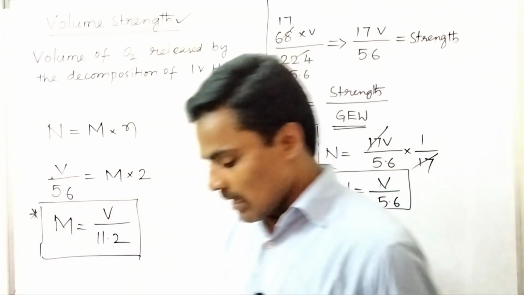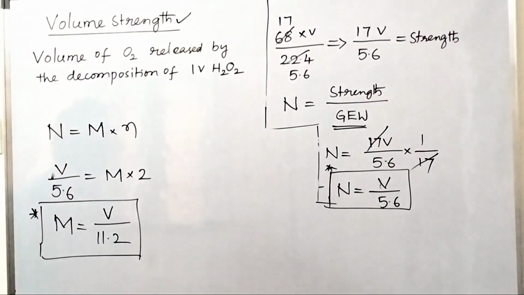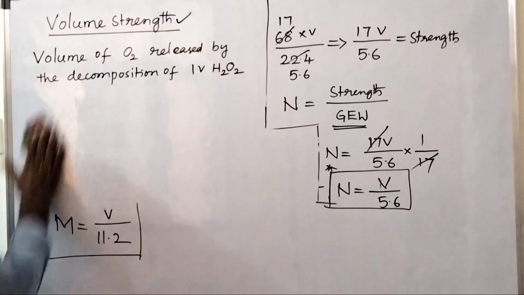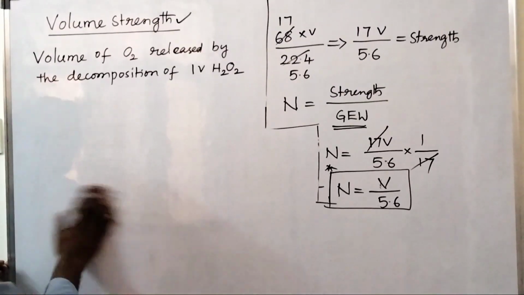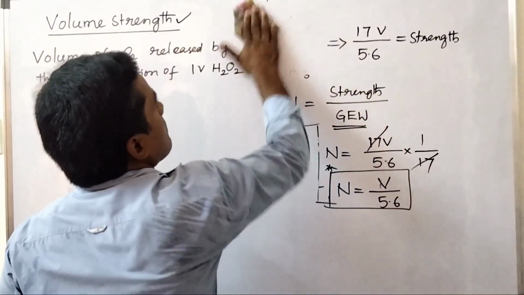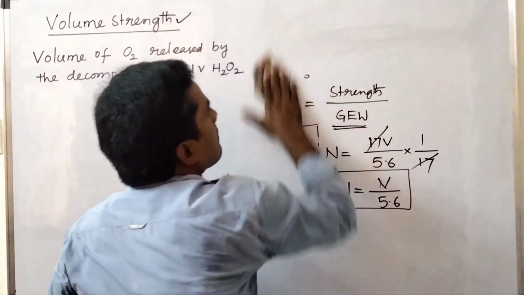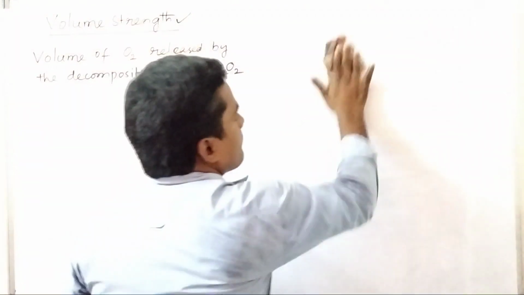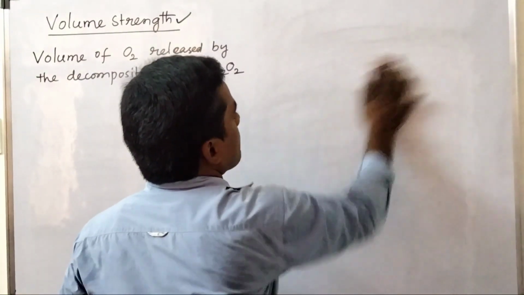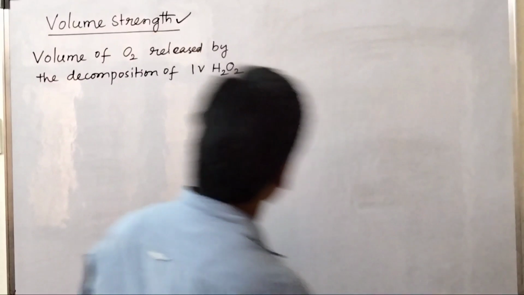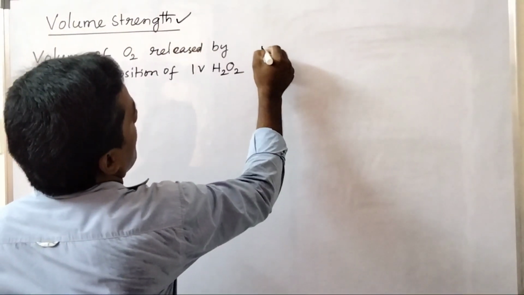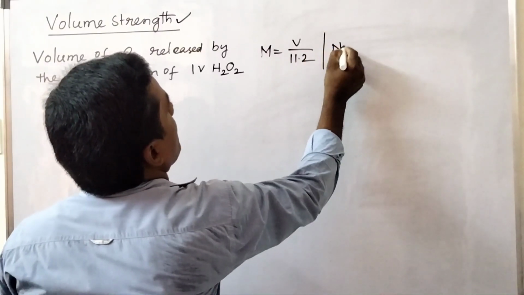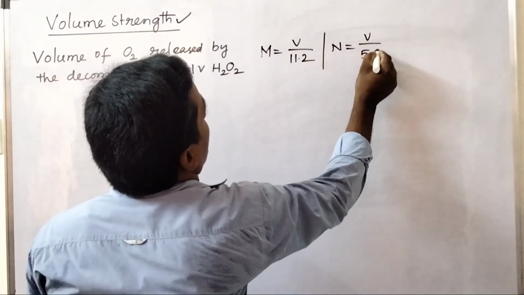Now let me explain a few important numericals based on the volume strength. Just keep in your mind the formulas: molarity equals to volume strength upon 11.2 and normality equals to volume strength upon 5.6.